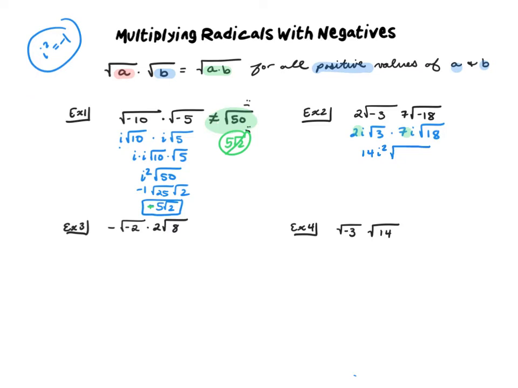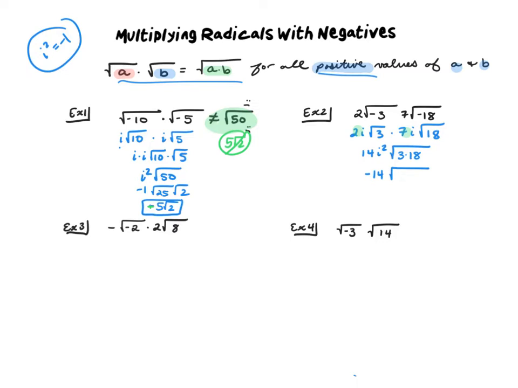And then 3 times 18, I can actually use that product property because they're both positive now. So this 14 times I squared is negative 1. So this is negative 14.